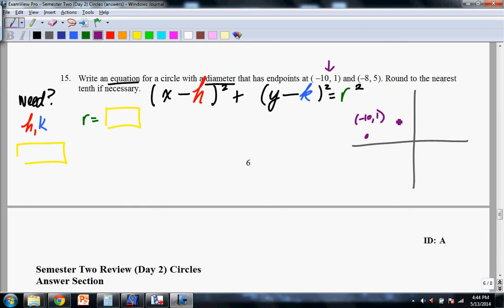That's -10, 1. And then another endpoint at -8. So left 8, +5. So this would be the diameter of a circle.